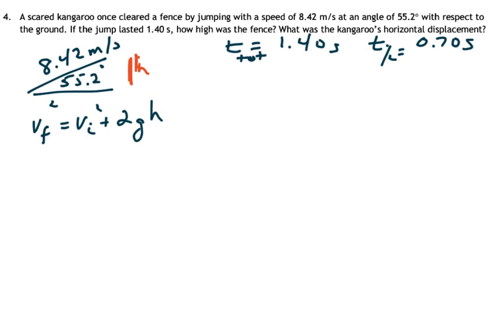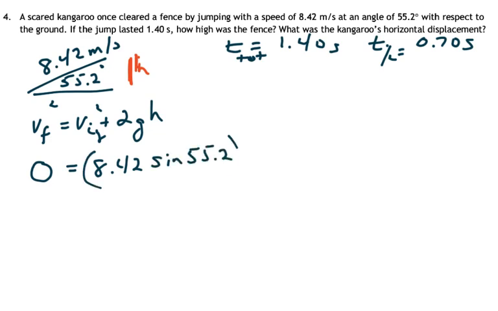So at the top of the arc, the final velocity is 0. Our initial velocity in the y direction is 8.42 times sine of 55.2. We want to square that, plus 2 times negative 9.8 times h.